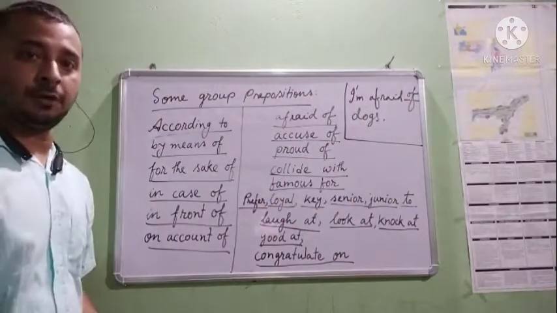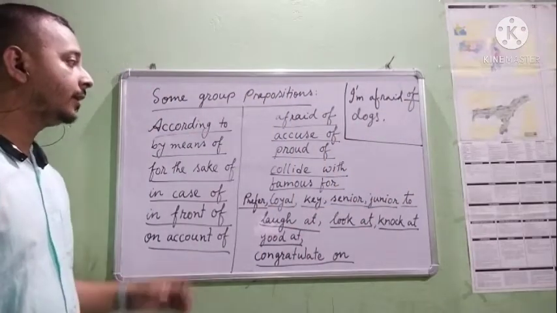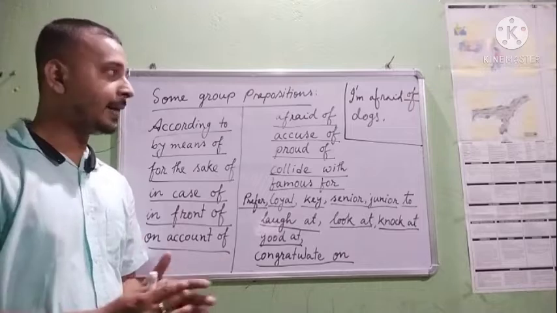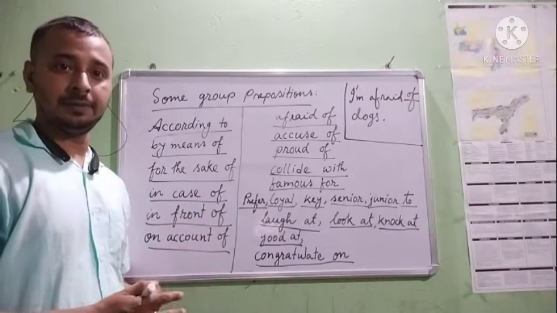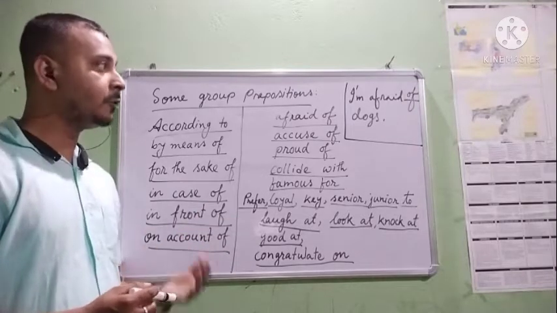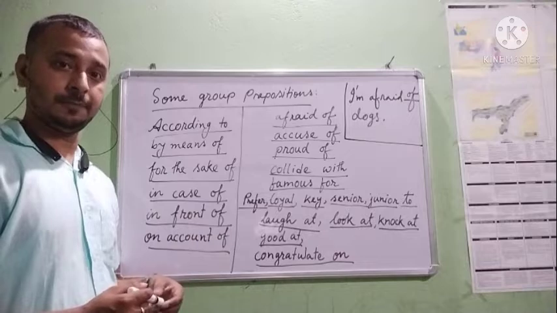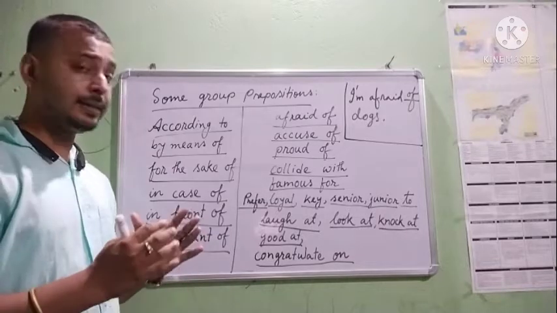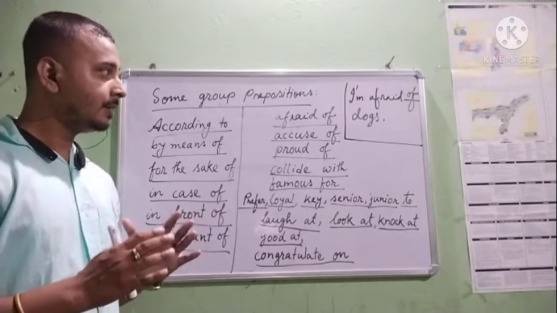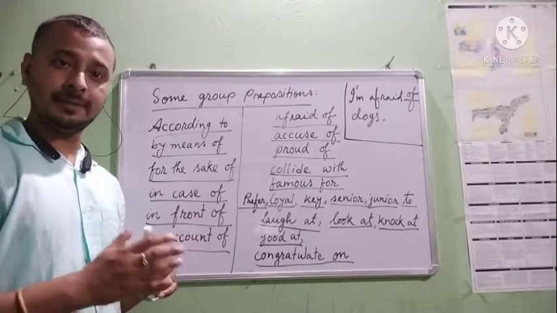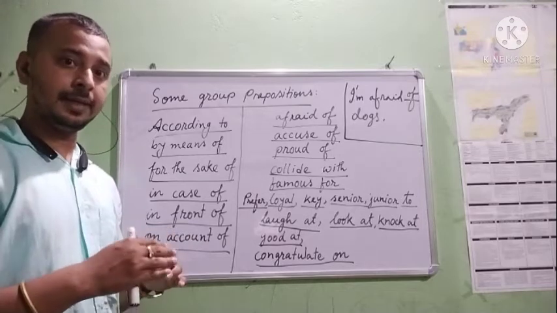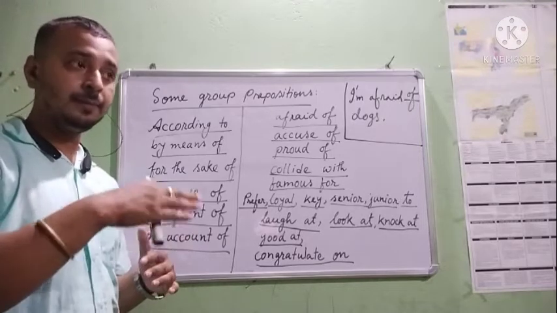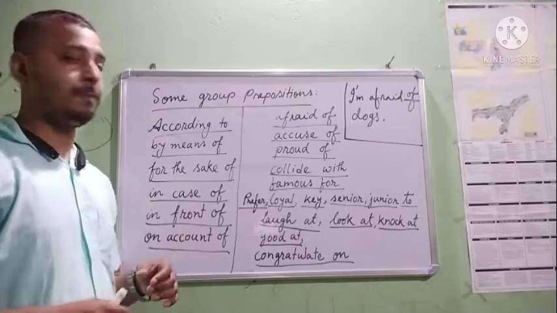So, I am afraid of dogs. Like this, you have to remember, and you can find group prepositions in any grammar book. You can find more group prepositions, more things on prepositions. My lesson is just a foundation, just a base on which you can explore and try more things on the topic of preposition.